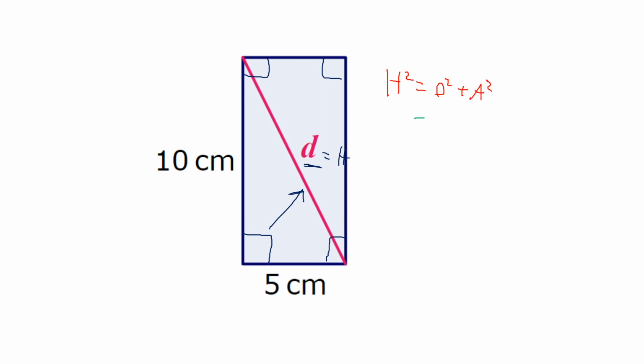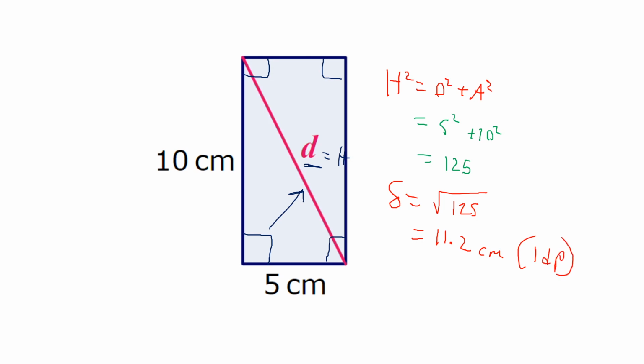So therefore it's equal to 5 squared plus 10 squared, which is equal to 125. And so D, or h in this case, is just going to be the square root of 125, which is equal to 11.2 centimeters to 1 decimal place.